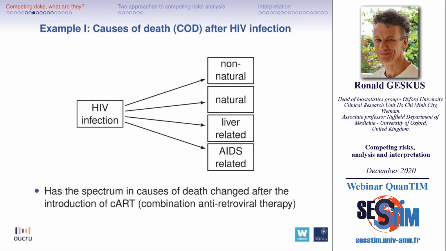So for that, it is interesting to split things up. And this is a typical competing risks setting. So if someone dies from a liver-related issue, for example, then he will not die from an AIDS-related complication. Or if someone dies from a natural cause, cancer, heart attack, whatever, then he will not die from AIDS.